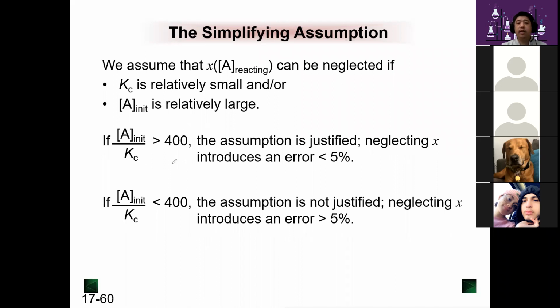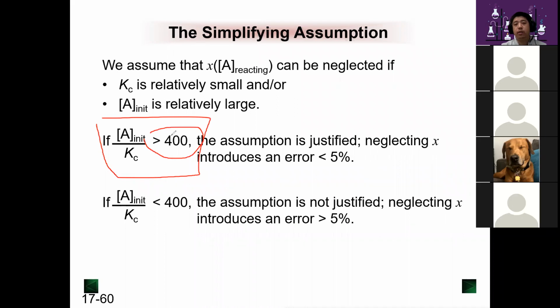I would say 99% of the time it always applies. There have been some rare occasions where someone happened to make some kind of combination where it was close to that number. So this number was just maybe a little bit above 400, where the 5% rule doesn't apply, and we would actually have to use a quadratic no matter what. Will you get those kind of questions? Probably not. Okay.